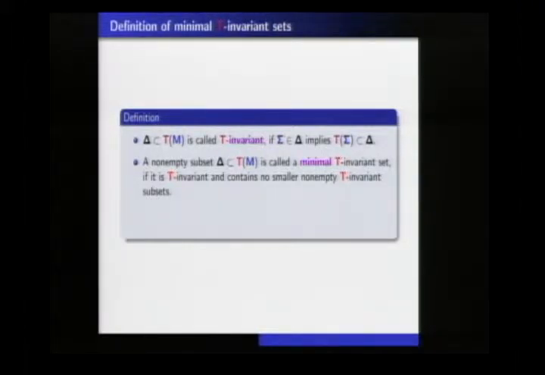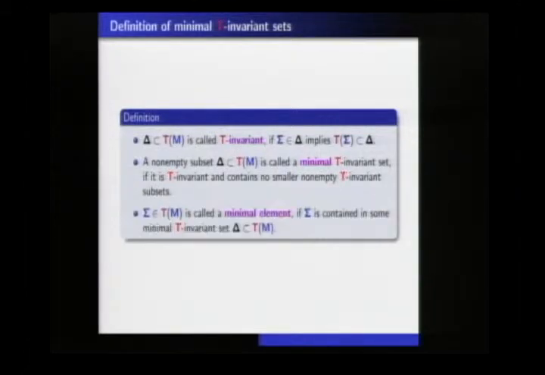And when you have a minimal T invariant set, anything in it we call a minimal element. So if you take a surface in T of M, it's called a minimal element if it's contained in some smallest T invariant set.